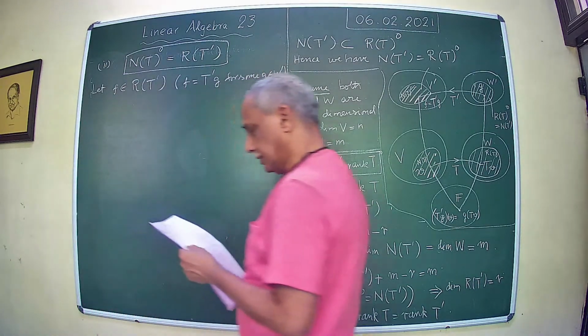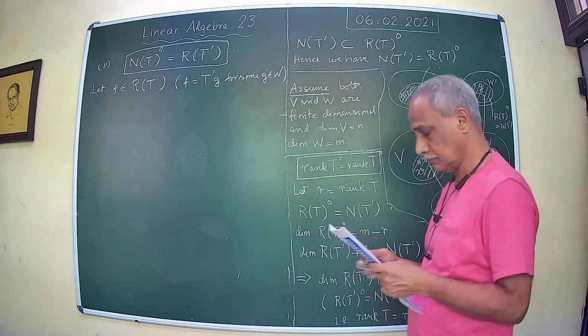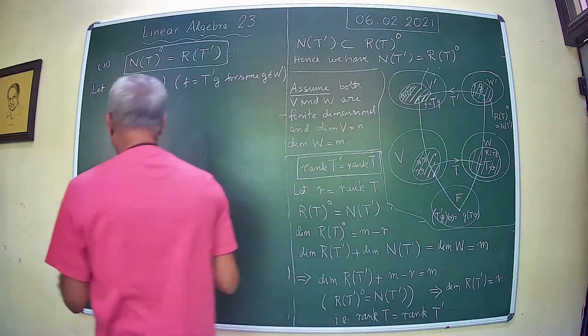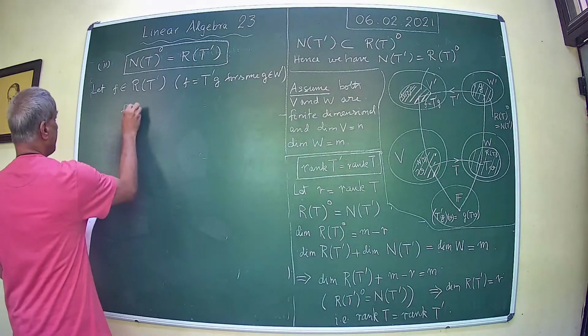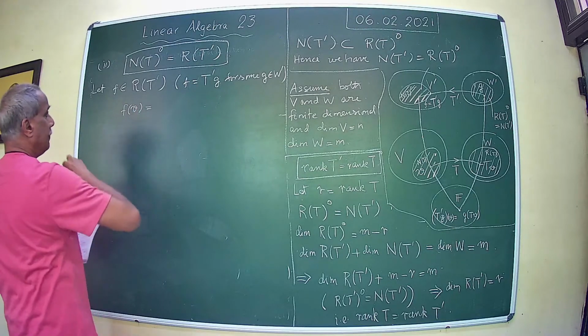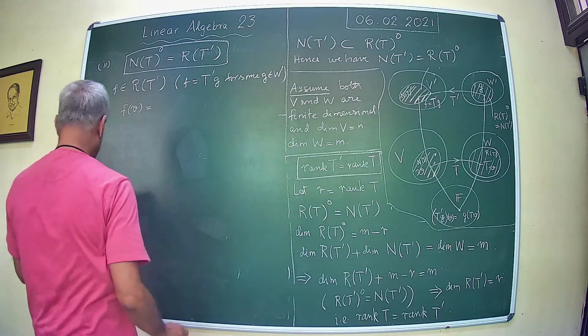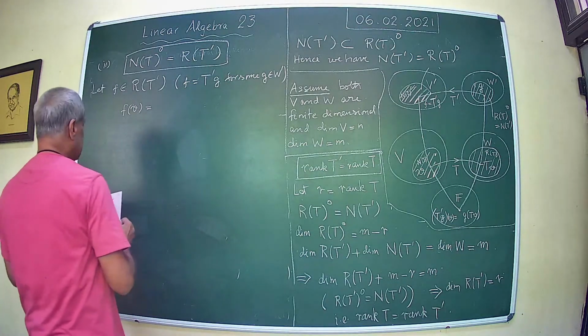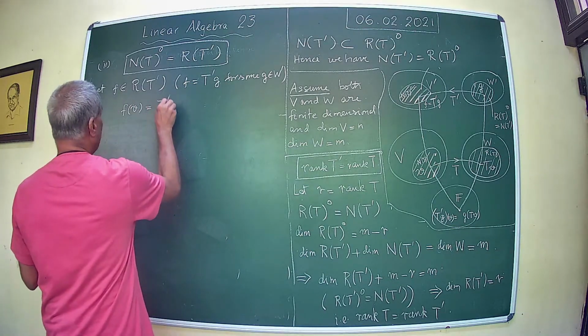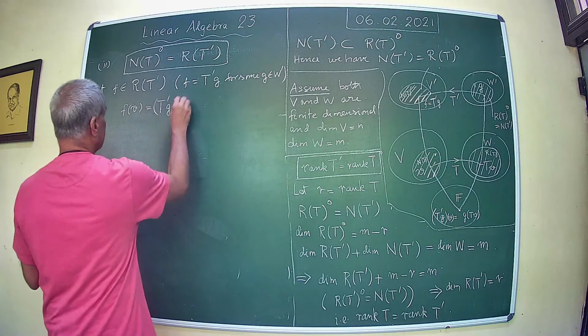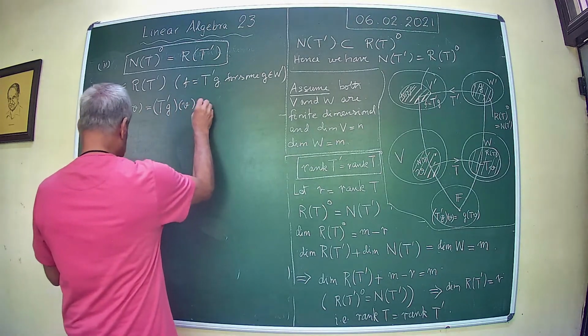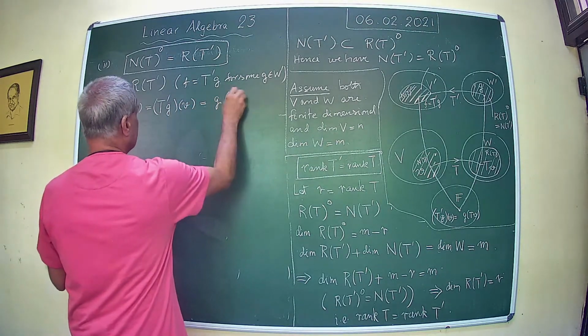That's the meaning of that. Now F of V is then equal to, F belongs to RT prime. Therefore this is equal to T prime of G of V, which is equal to G of TV.